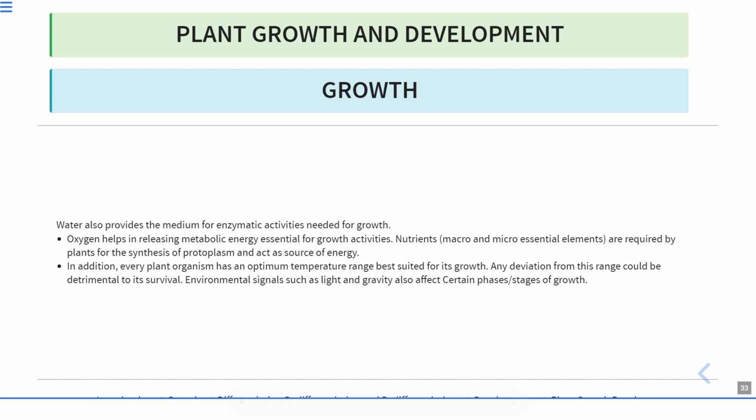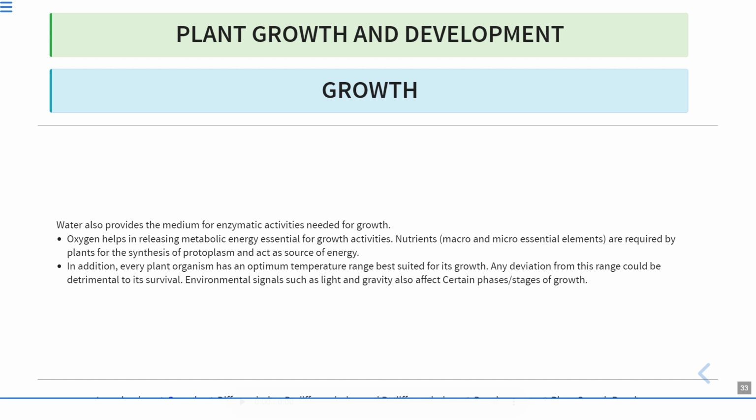So if the temperature is more or less than suitable, then the plant cannot survive, because the enzymatic reactions will not happen. These enzymes will not be available. Environmental signals such as light and gravity also affect certain stages of the growth.